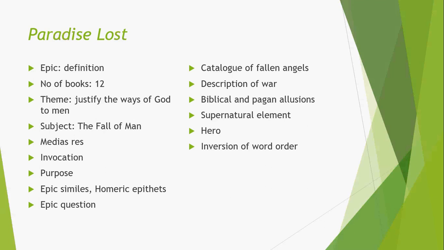This is the story that we find in the first book of the Bible, Genesis. So the story of Genesis is taken by Milton in his epic Paradise Lost. So the main subject of Paradise Lost is the fall of Adam and Eve from heaven as a consequence of the temptation by Satan.